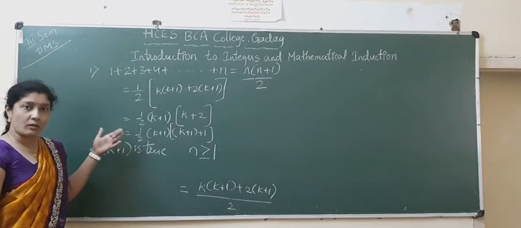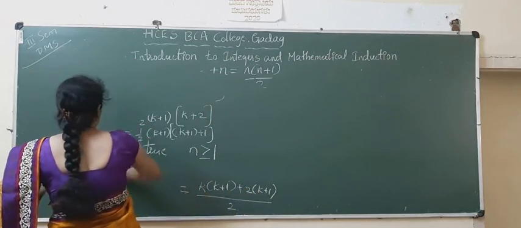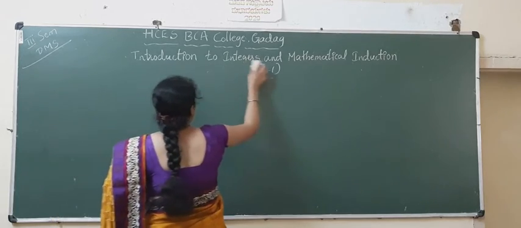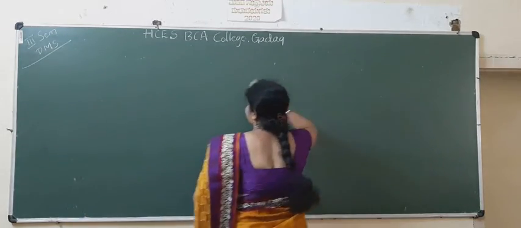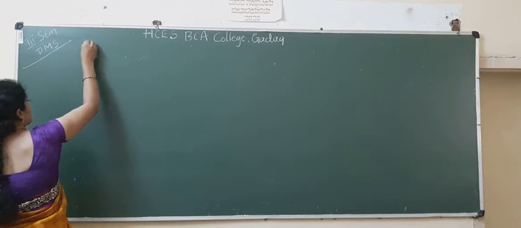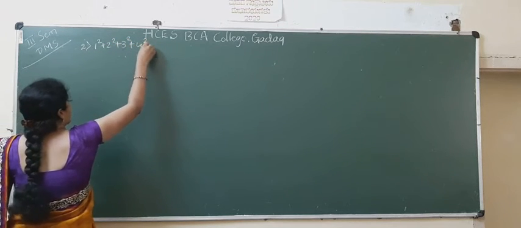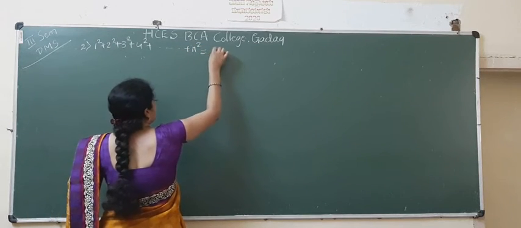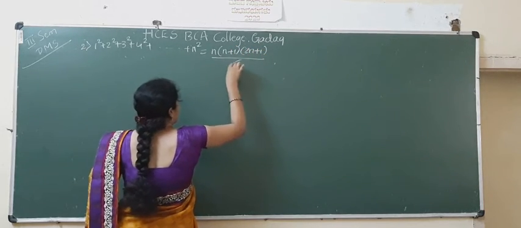Okay, so we can solve a few more problems also. So now, let us solve one more problem, that is 1 square plus 2 square plus 3 square plus 4 square plus and so on plus n square is equal to n into n plus 1 into 2n plus 1 divided by 6.